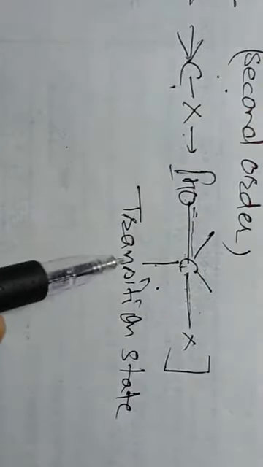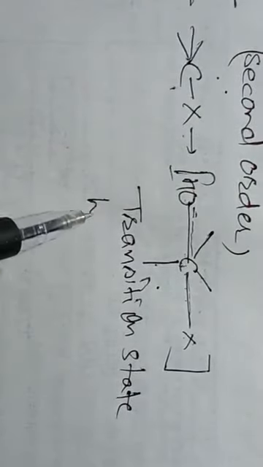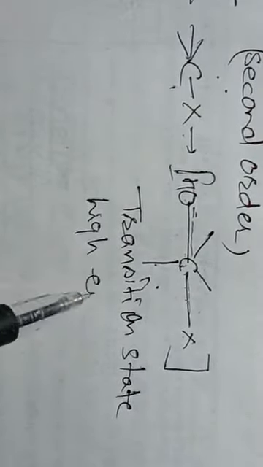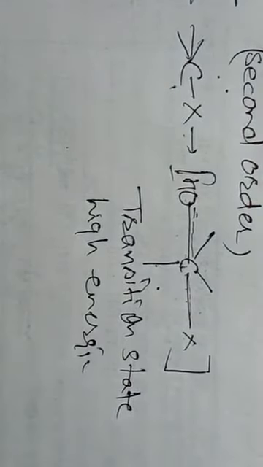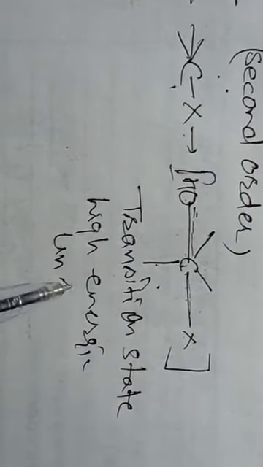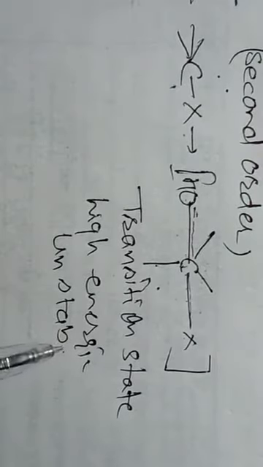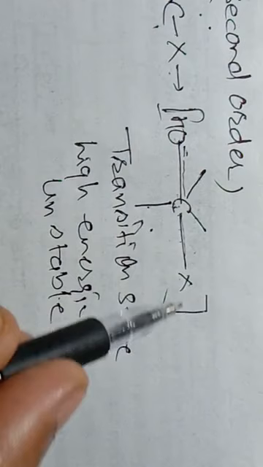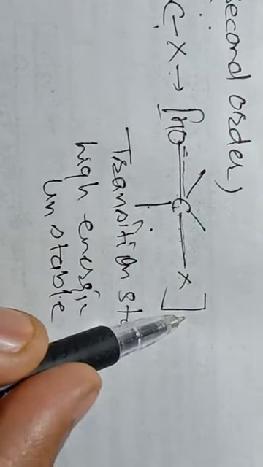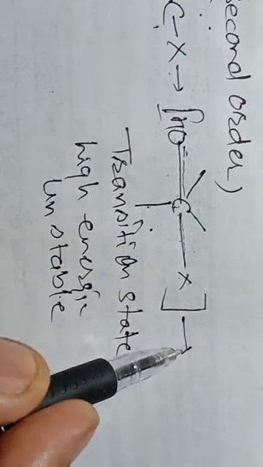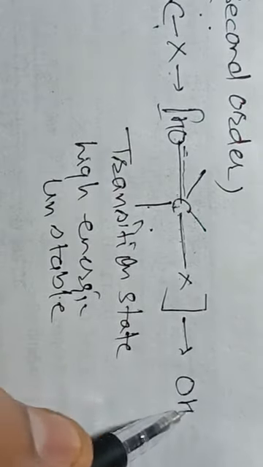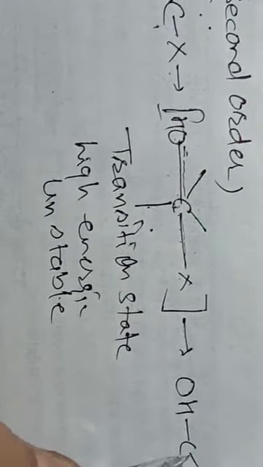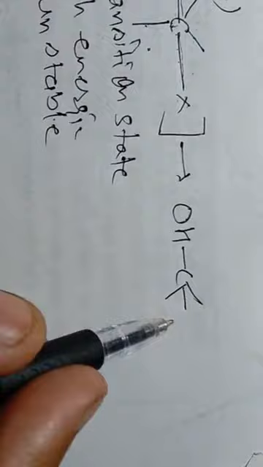It is a very high energetic state, and that is why unstable, and very quickly this state is converted into product and nucleophile.